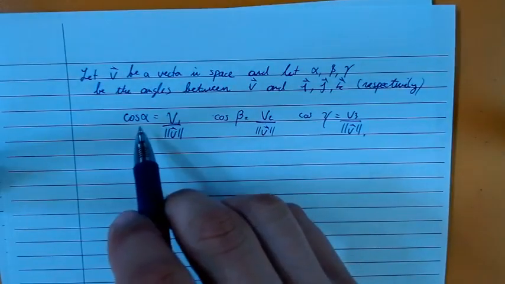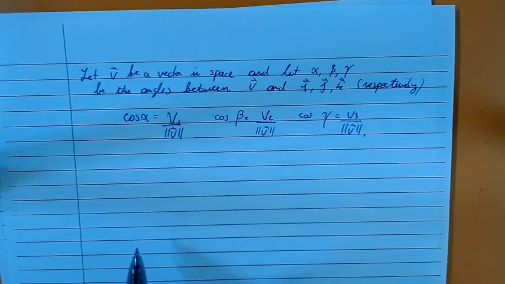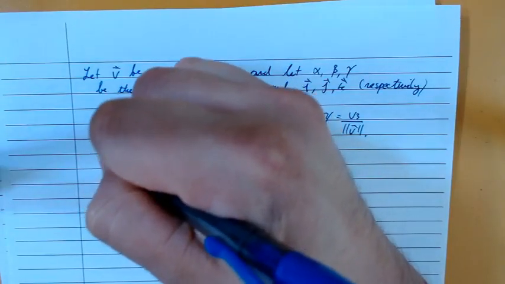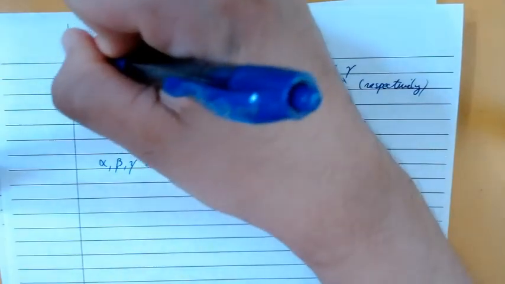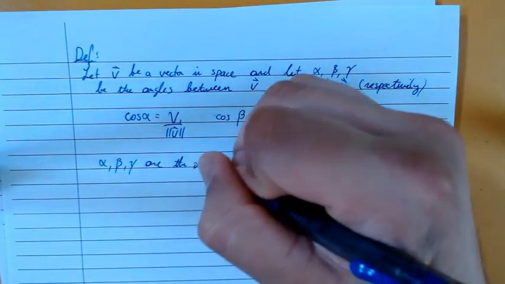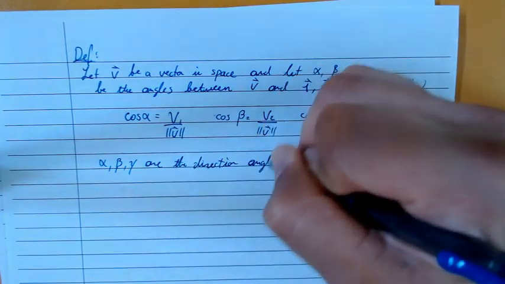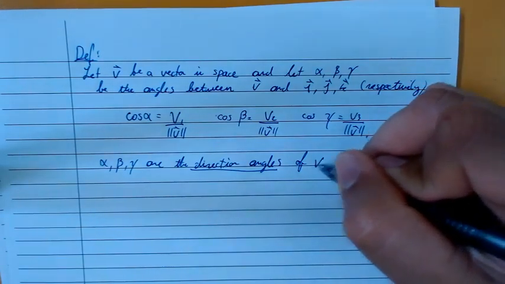Here, alpha, beta, and gamma define the direction angles of v. Definition: these are the direction angles of v.